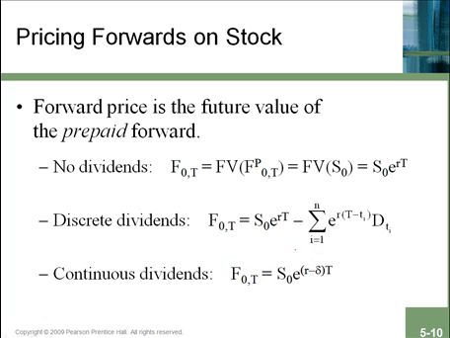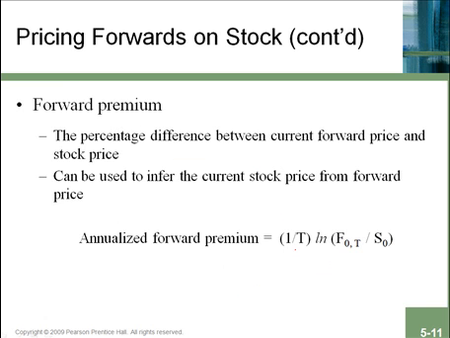Sometimes when we talk about forward contracts and their values, obviously there's usually a difference between the forward price and the current, that is, the spot market price of the stock. The percentage difference between the forward price and the current spot market price for the stock is called the forward premium. If the forward price is more than the current stock price, then we say that there's a forward premium. If the forward price were less than the stock price, then we would say that there was a forward discount.